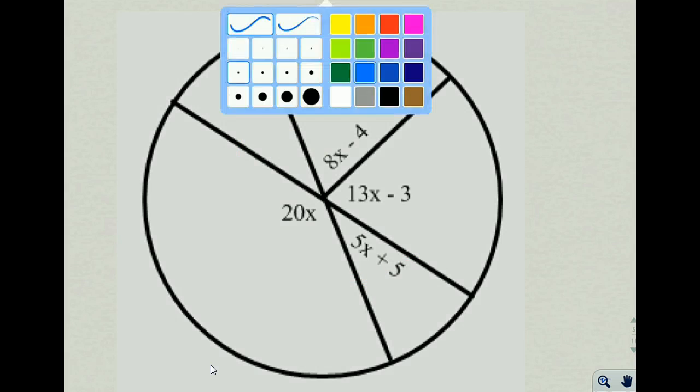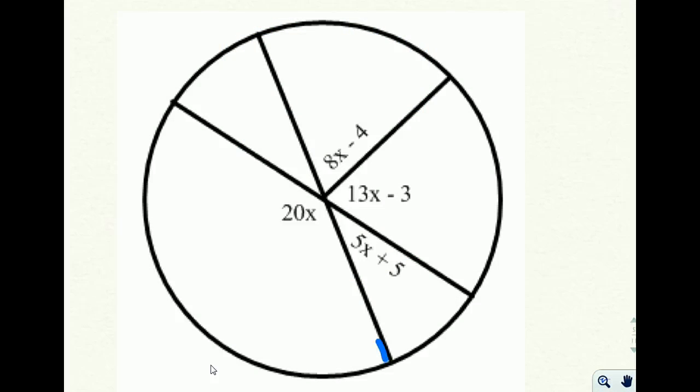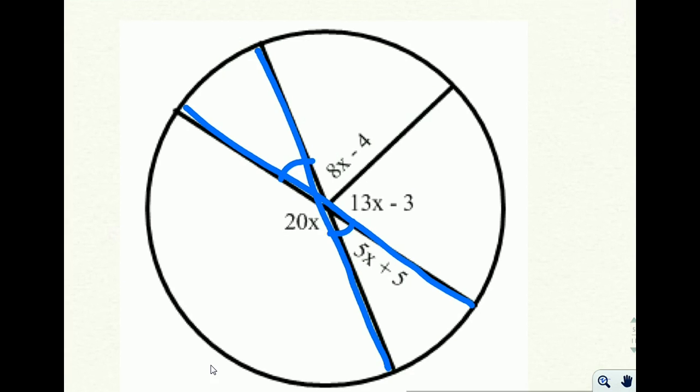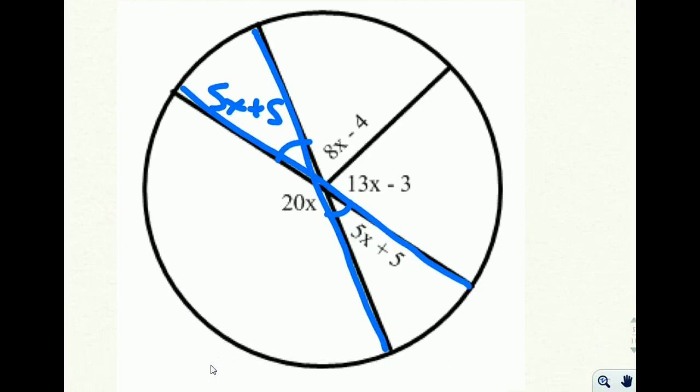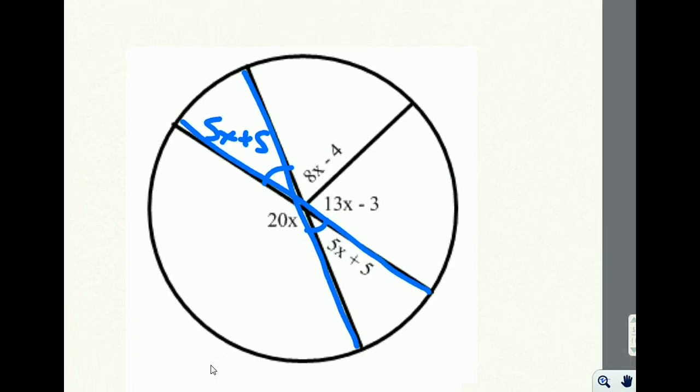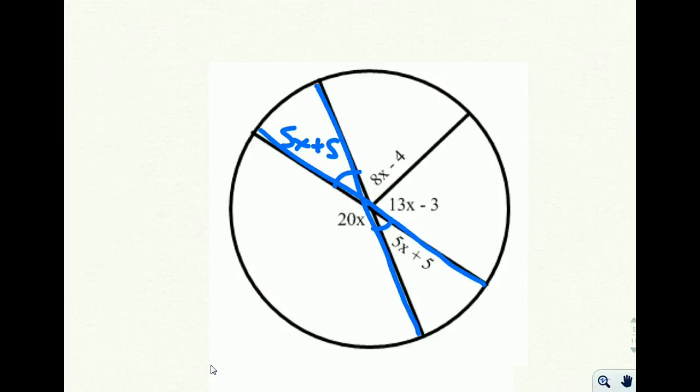Best way is to notice that we have a line continuing across and another line continuing across, which means that we have vertical angles, and these two are the same. So the fact that this is 5x plus 5 down here means this is also 5x plus 5 in that angle. And now you can add up all the way around the circle and set it equal to 360.